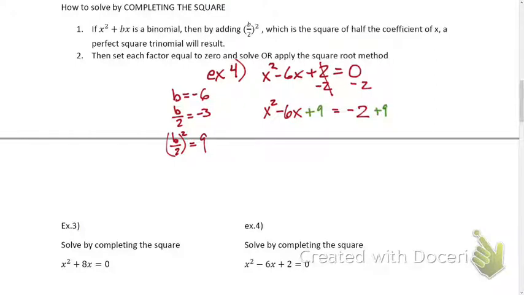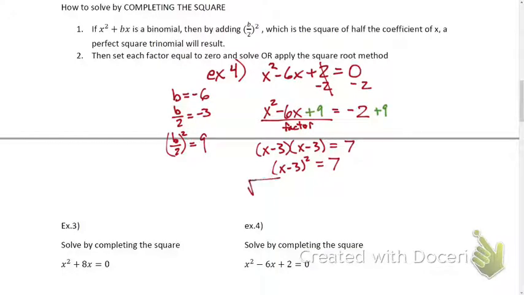And now we can factor the left side. I need to factor this. I need two numbers that multiply to 9 but add up to negative 6. And then I can write that twice. And once you're this far, you're practically done.